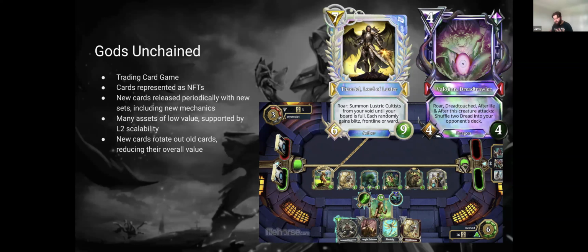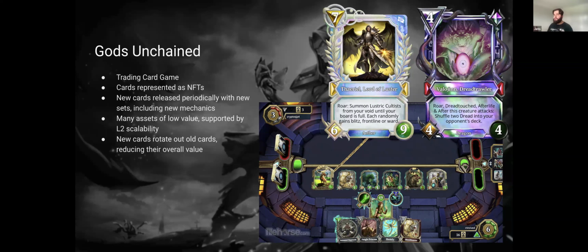And how we deal with depreciation in Gods Unchained is, as I mentioned, new cards are able to unseat the incumbent meta. So overall, we expect cards to lose value over time as they become less relevant to the current game. But with how the game works, there are always strategies and counter strategies.